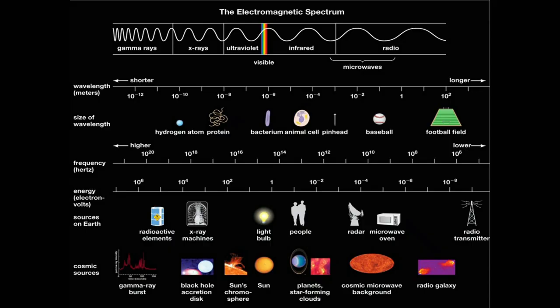So microwaves might be in the realm between a pinhead and a baseball. Infrared, you're looking at animal cell size for one wavelength. Visible, you're getting towards bacteria. Ultraviolet, protein size. X-rays, you're in the atomic regime. And then gamma rays are even smaller than atoms.